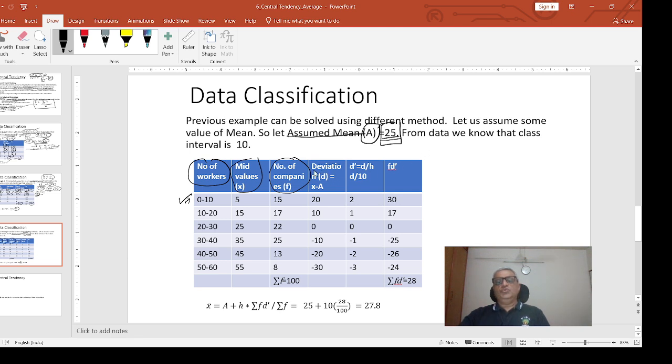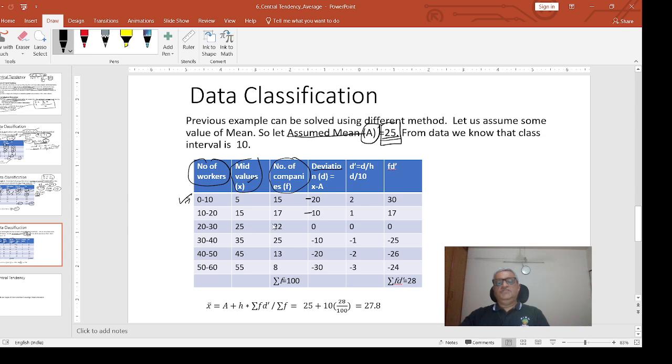Then I calculate deviation. How do I calculate deviation? I take x, which is the mid value. So 5 minus 25, that comes out to be minus 20. I take 15 minus 25, that's minus 10.